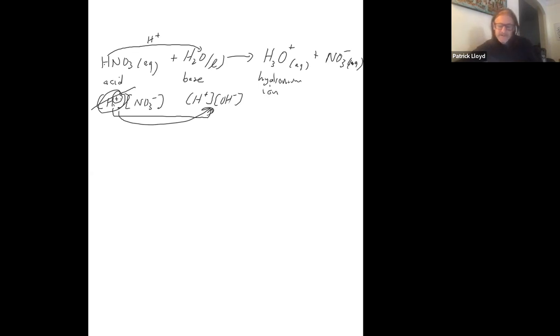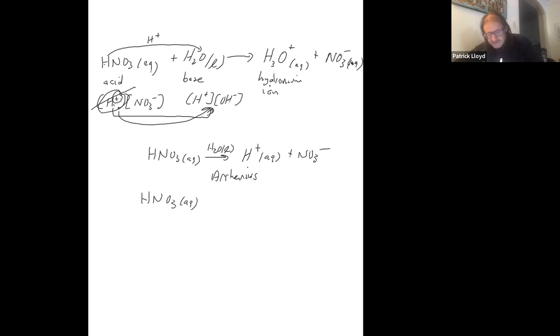Okay, and just to sum up, sometimes people will write this. Put it in water. It just dissolves into two ions, forms the hydrogen ion. That's called the Arrhenius model. But here's the other approach.